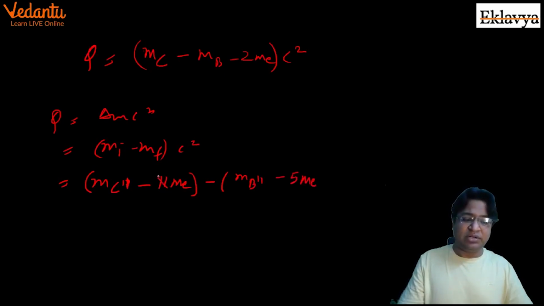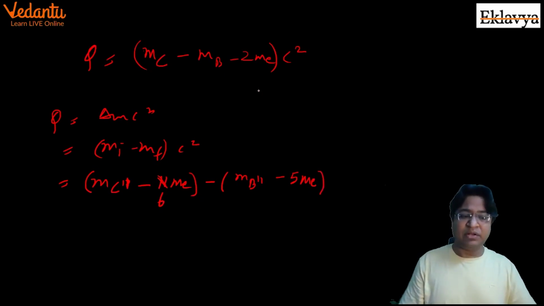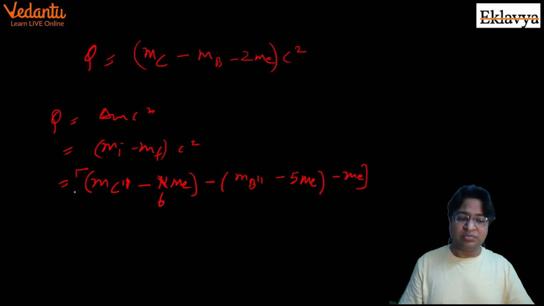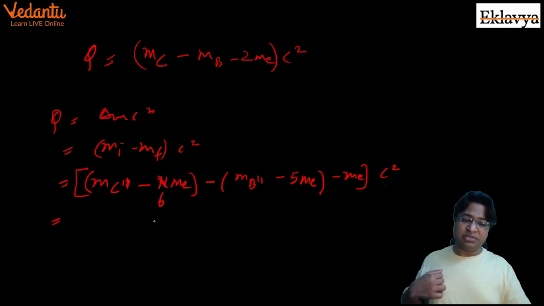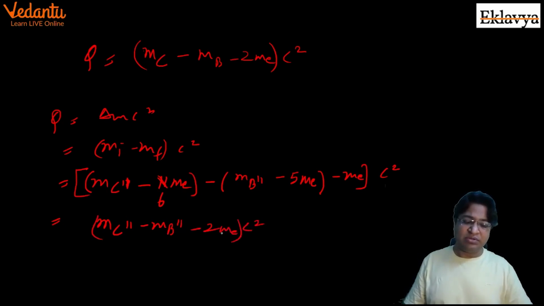Guys, here I did wrong. It would be 6 me. Carbon's atomic number is 6. And then one of the products is a positron, so this is your net product multiplied by c square. So this becomes equal to what? Notice it becomes mass of C atom minus mass of B atom, and then minus 2 me c square. So you got this.